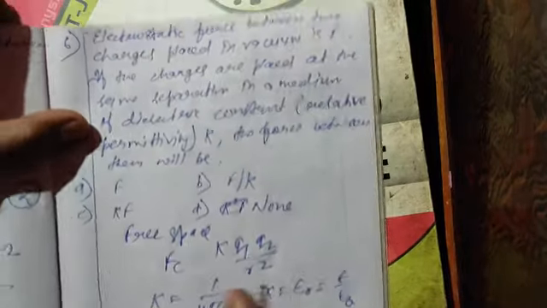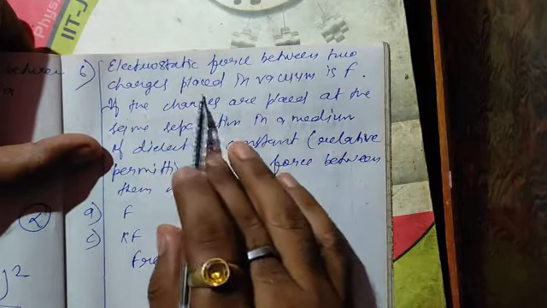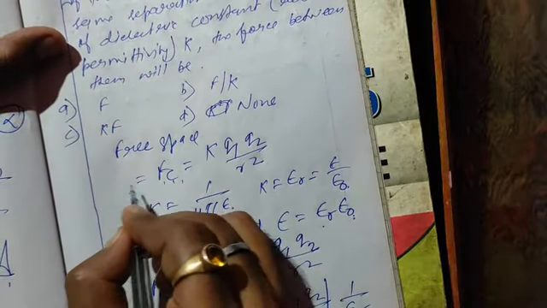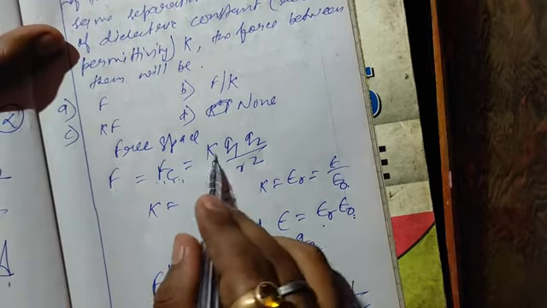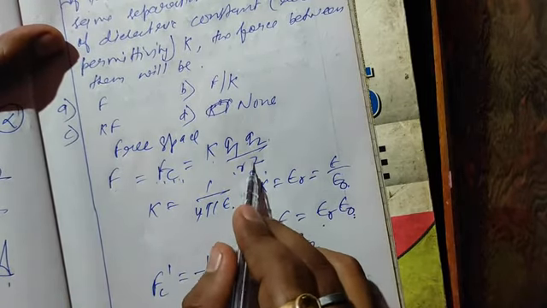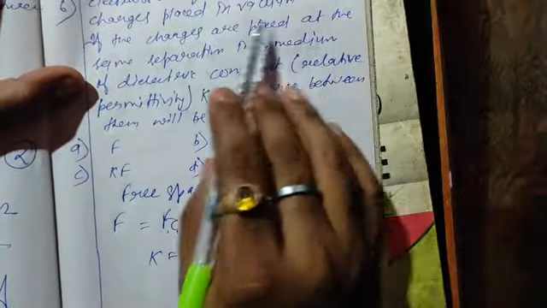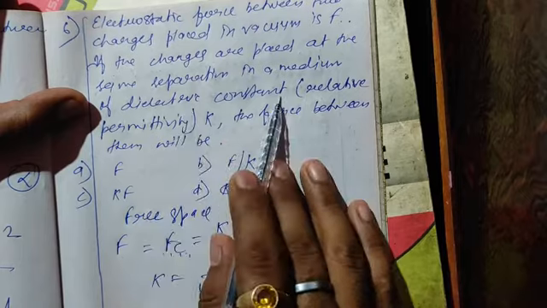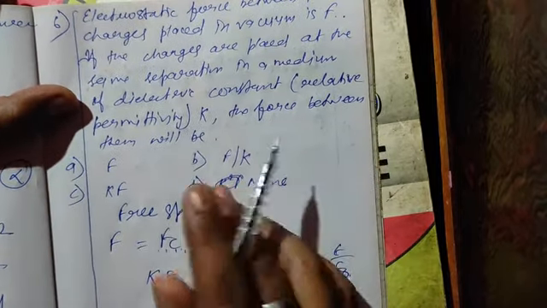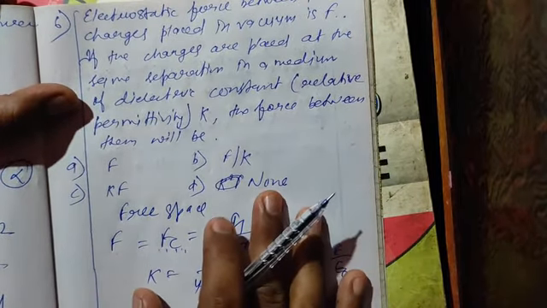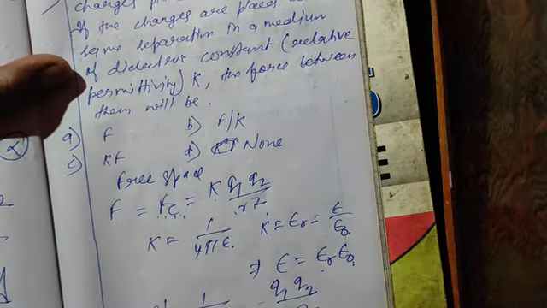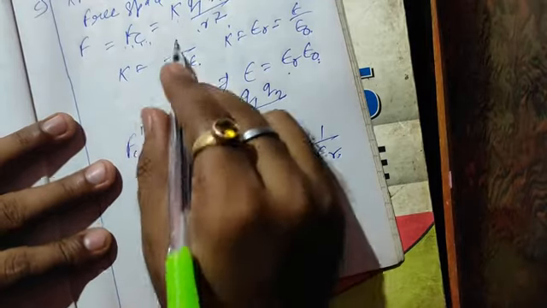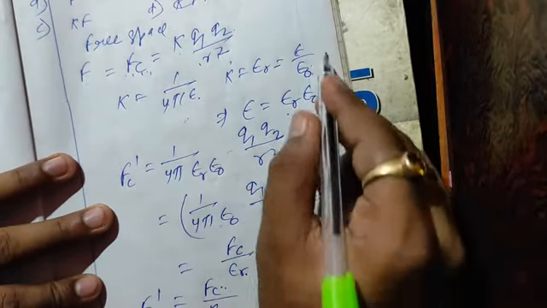Once again I am repeating the question. The electrostatic force between two charges placed in vacuum is F. So F equals K Q1 Q2 / R² in free space. If the charges are placed at the same separation in a medium of dielectric constant K, it means the charges are at the same distance, but the medium is filled with a dielectric of constant K. In that case we know 1 / 4 pi epsilon, and epsilon is related by this.